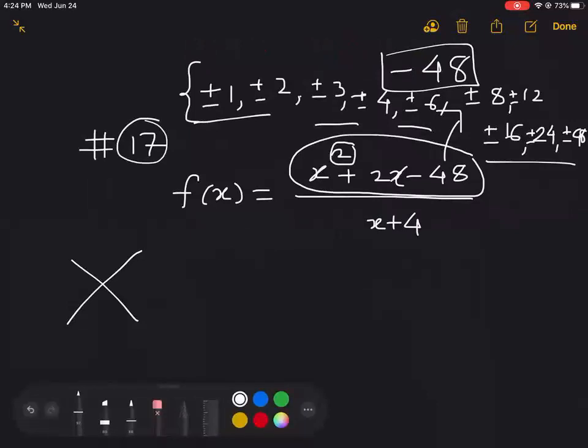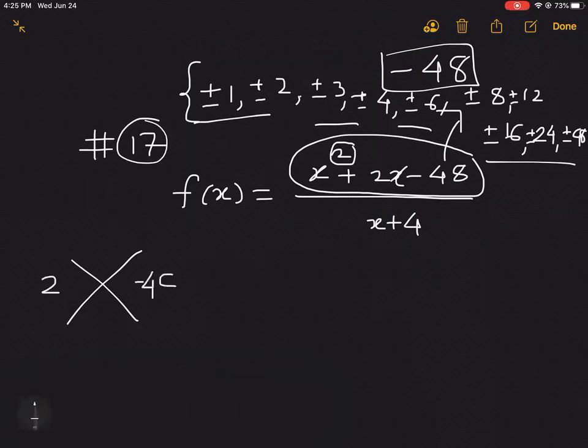So your sum will be 2 and your product will be negative 48, right? So you are looking for two numbers whose sum will give you 2 and whose product will give you negative 48.